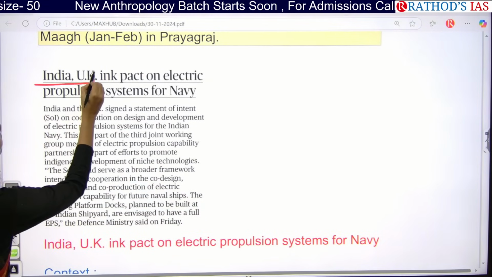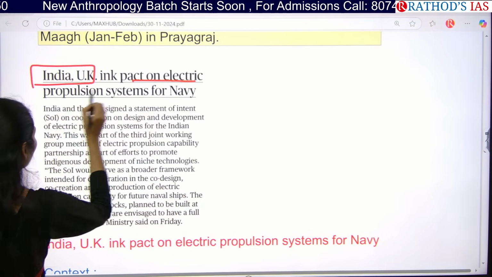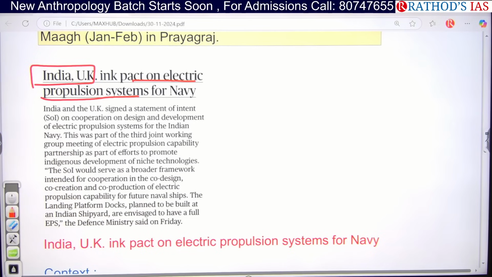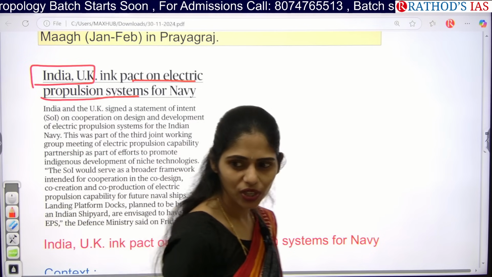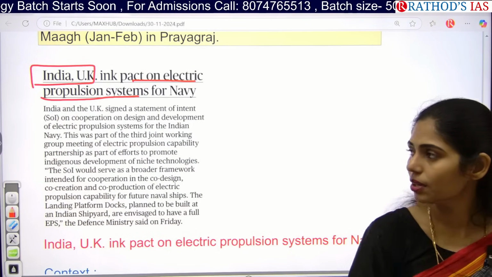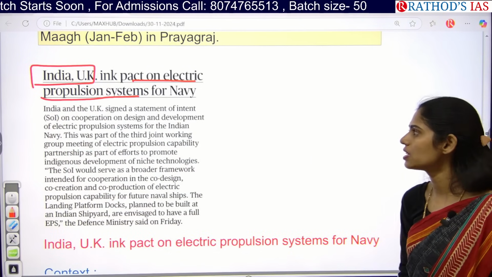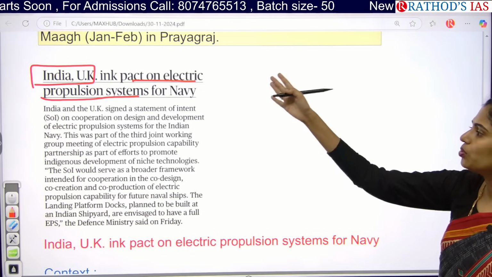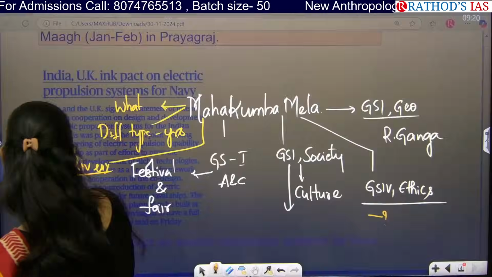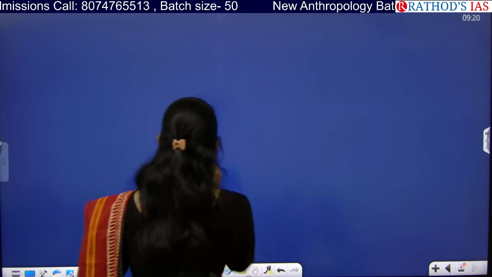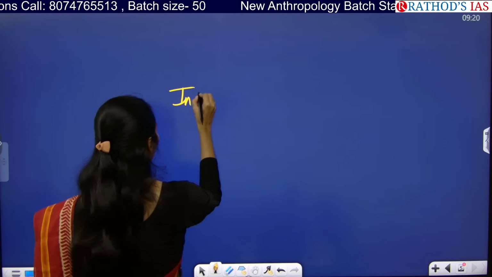Next, a very important article: India-UK pact on electric propulsion system for Navy. What is this article talking about? India-UK relations. It is talking about electric propulsion systems of the Navy, which we will be using especially for submarines. So this article is talking about India-UK relations.